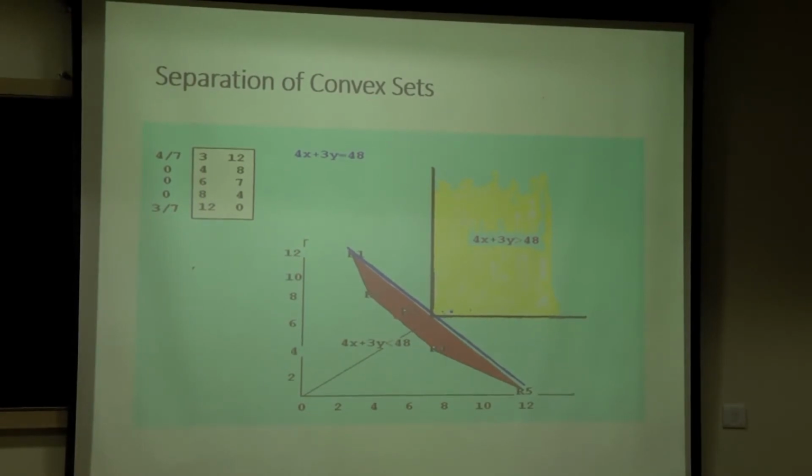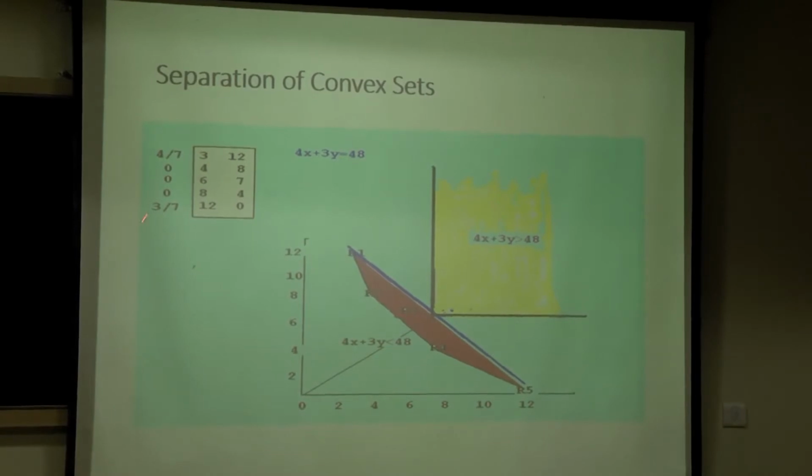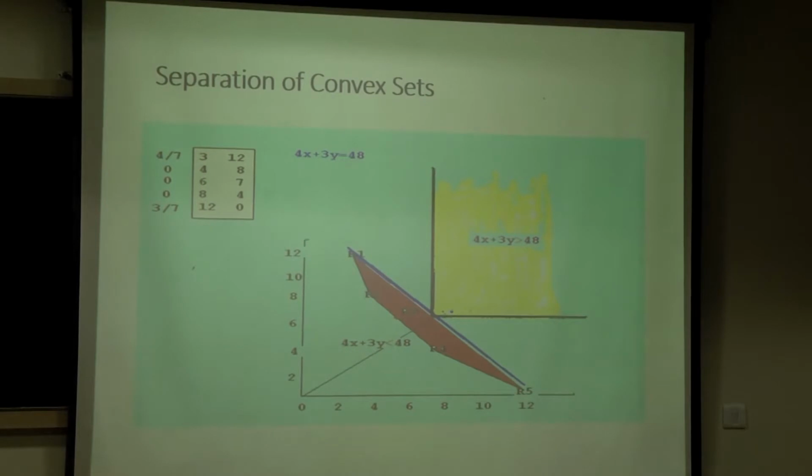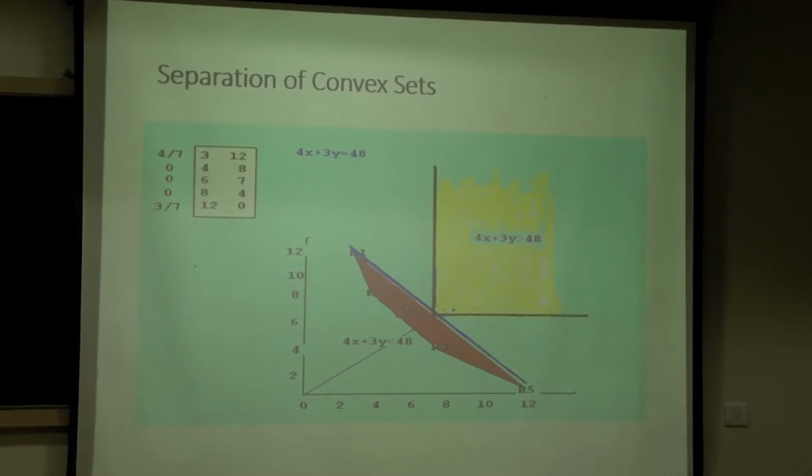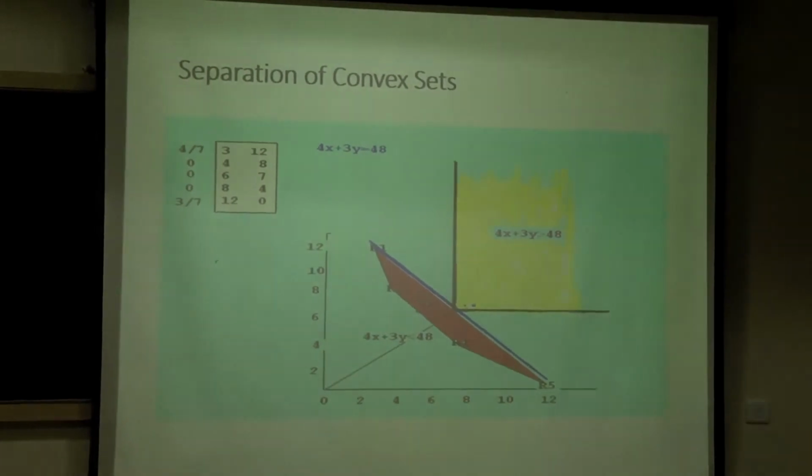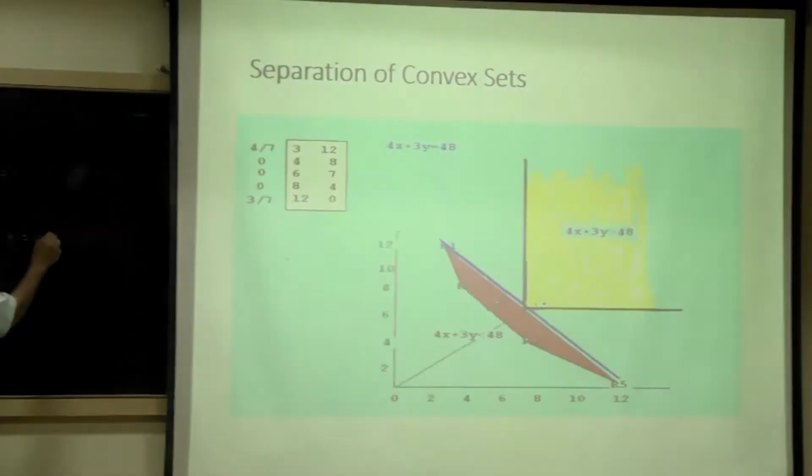Basic idea is, now the equation of this line is 4x plus 3y equals 48. Agree? I can rewrite the same equation also as 4 over 7x plus 3 over 7y equals 48 over 7.